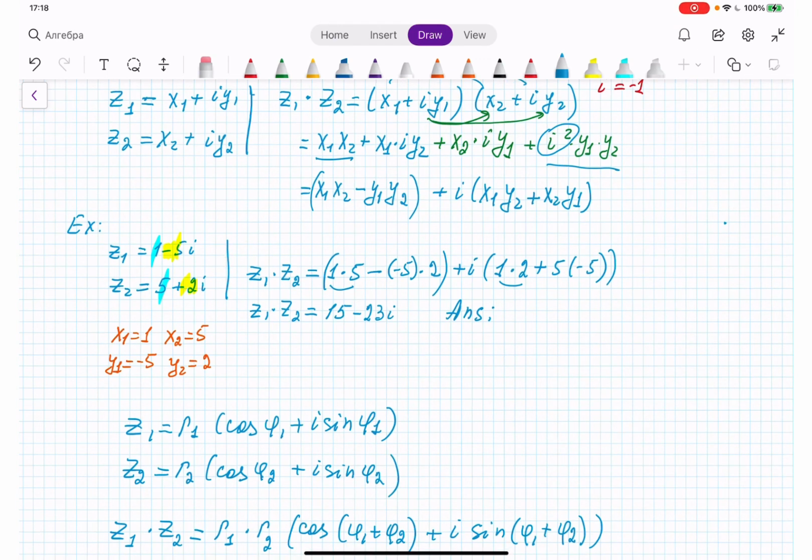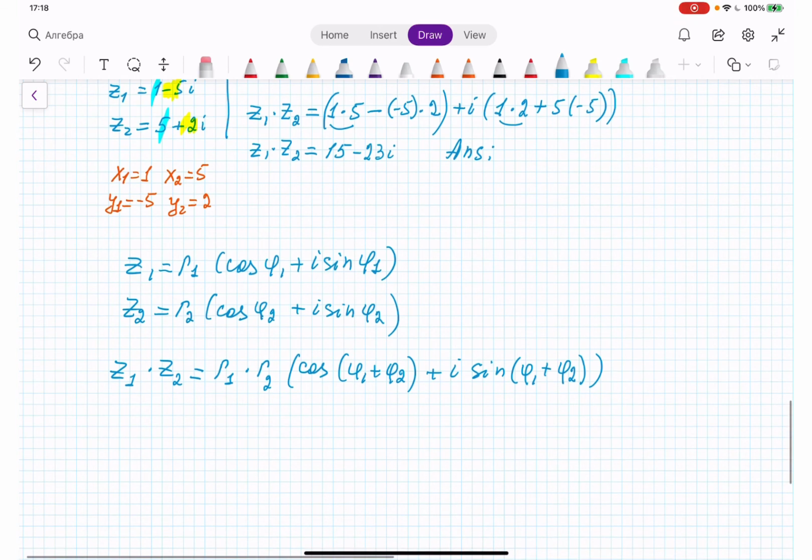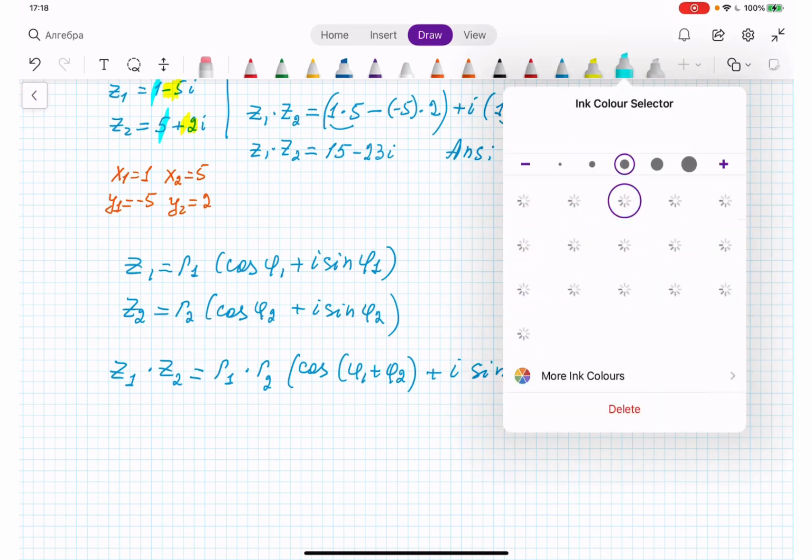If you multiply them by each other, you are going to get this result for z1 times z2. All you have to do is take the given values for phi1 and phi2, r1 and r2, and follow this template.